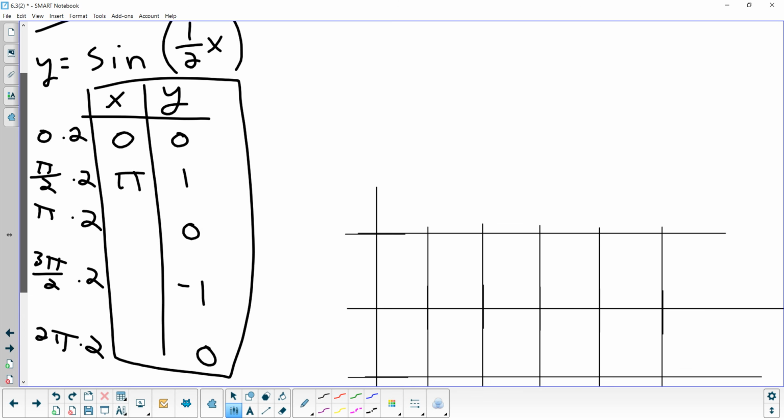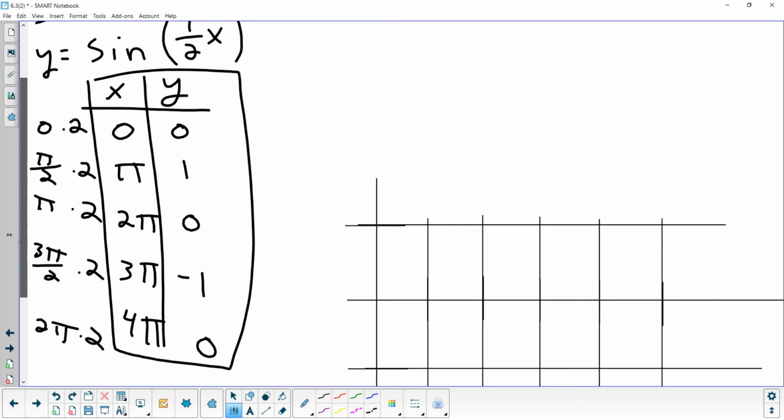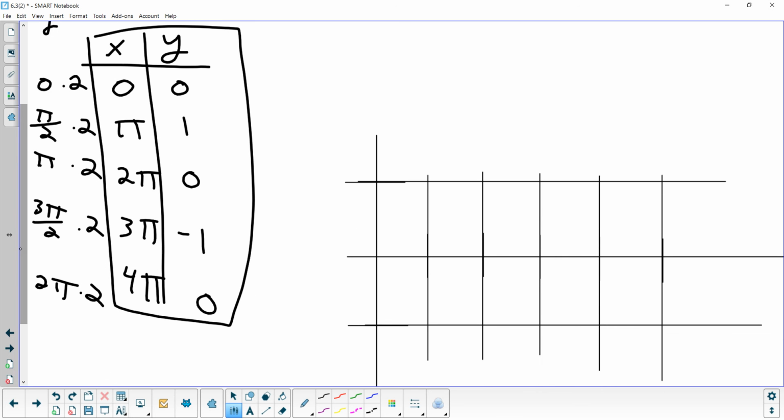What's 3 pi over 2 times 2? 3 pi. And 2 pi times 2 is 4 pi. Nice pattern. 0, 1 pi, 2 pi, 3 pi, 4 pi. Perfect.